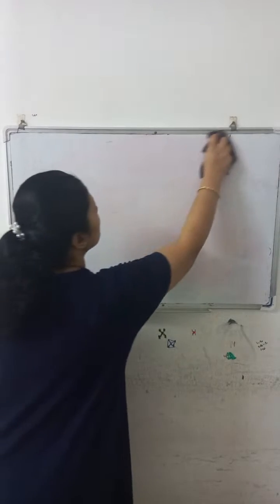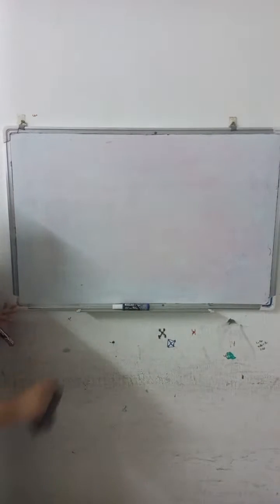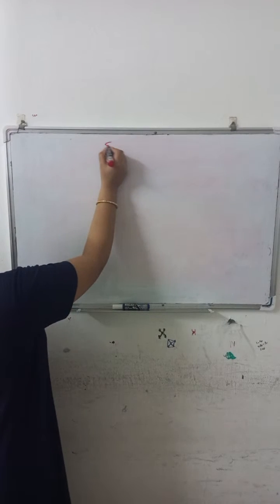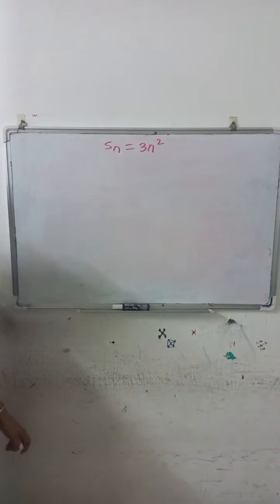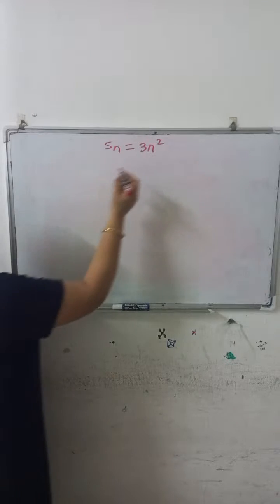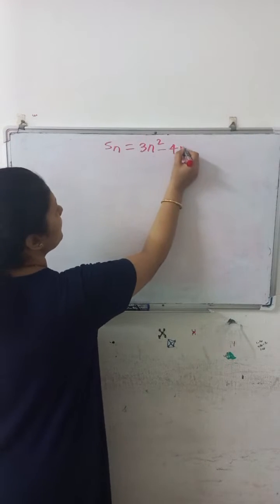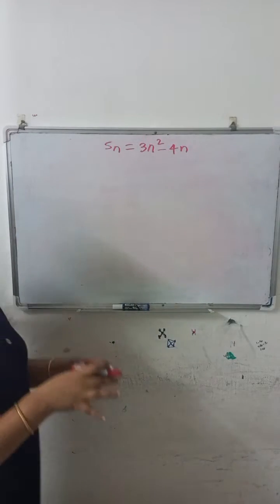Check while doing the calculation, sometimes calculation mistakes may take place from my end also. You people can check accordingly. Okay, and here Sn is given, 3n square minus 4n.